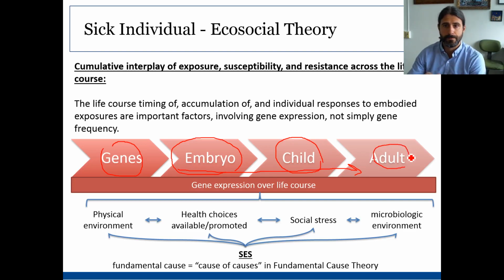So again, there is accumulation of exposures, the timing during the life course is important, and this all again interacts with the individual's genes to affect expression and ultimate phenotype. So it's not just gene frequency, it's the expression that ultimately leads to the adult or whatever individual phenotype we are addressing.